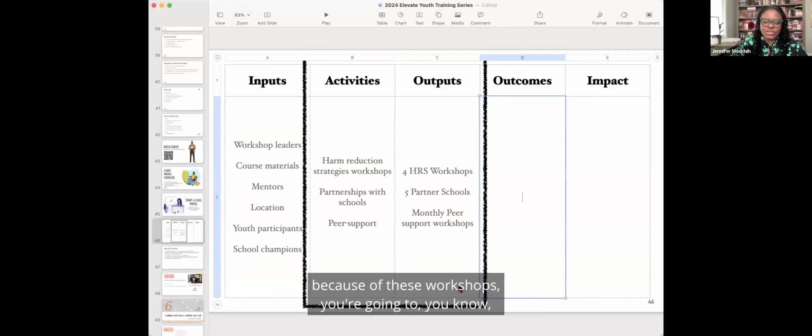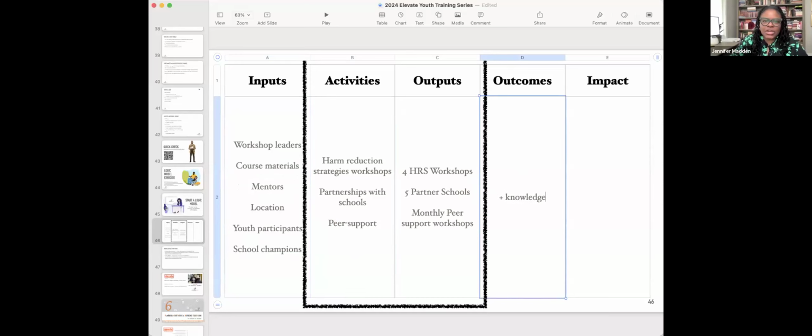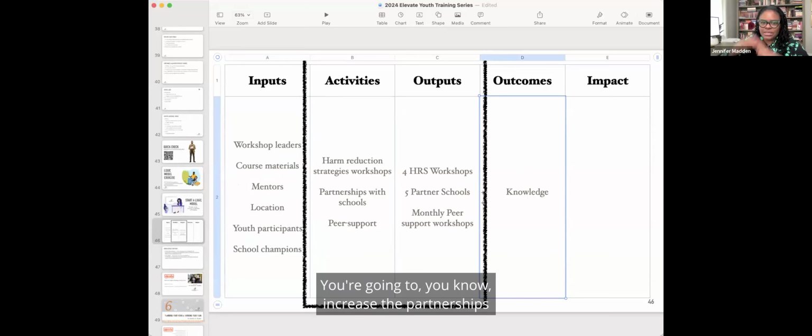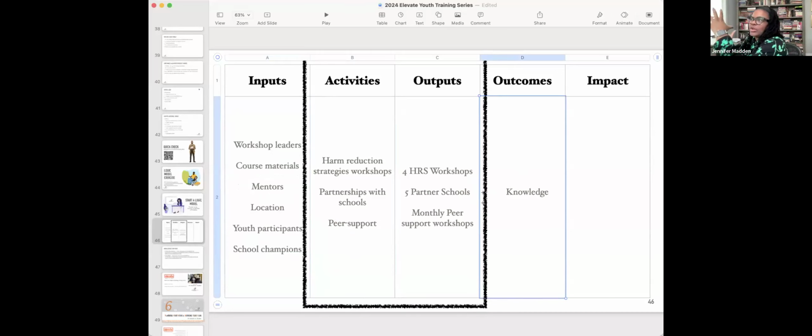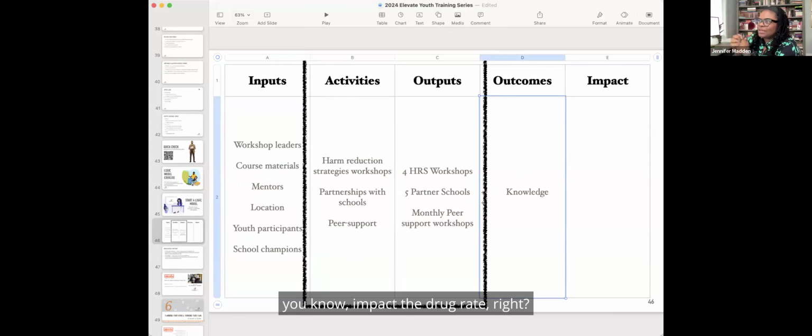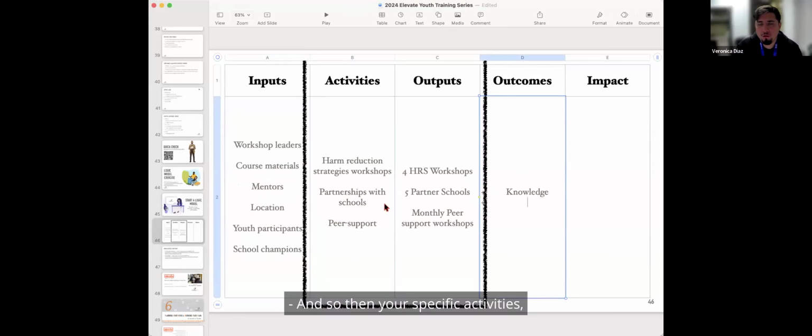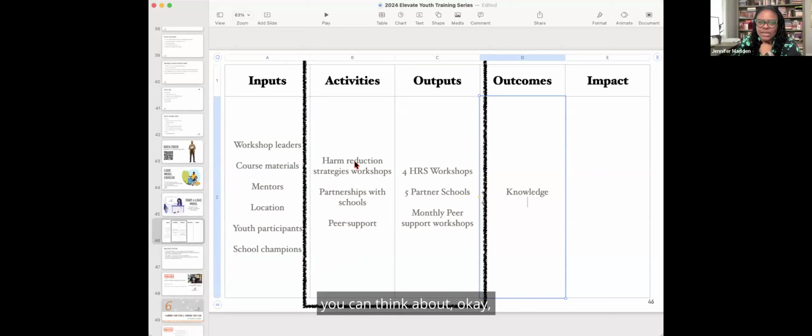Because of these workshops, you're going to increase knowledge. You're going to increase the partnerships, and then the impact is that you're going to impact the drug rate, right? And so then for your specific activities, you can think about, okay, what are some of the measures?